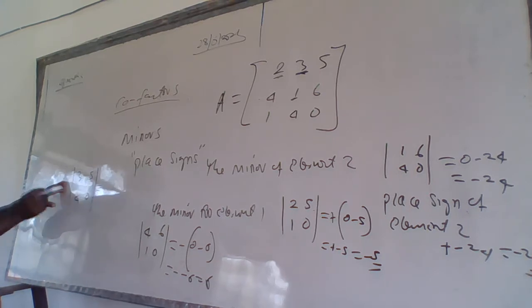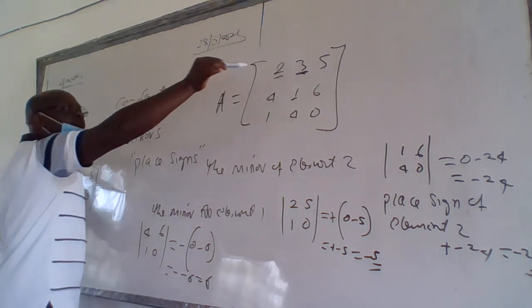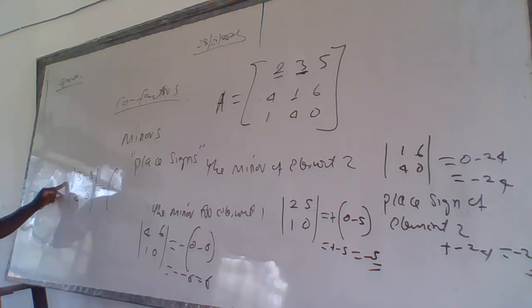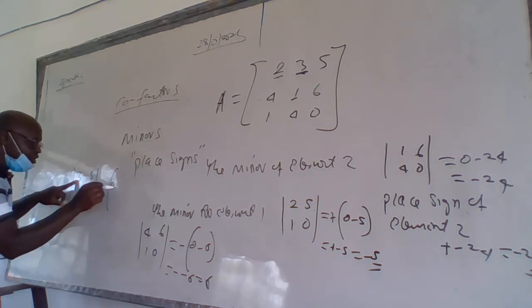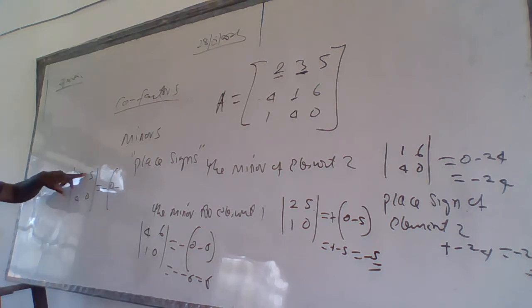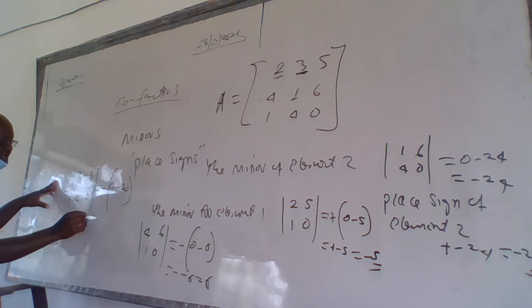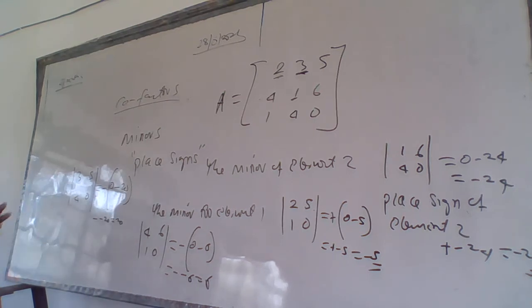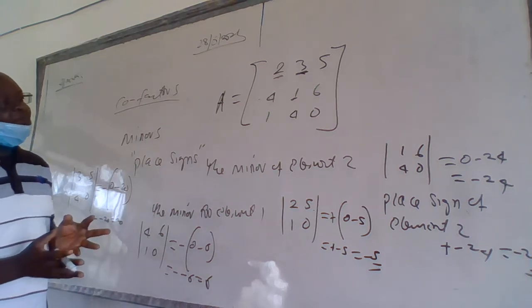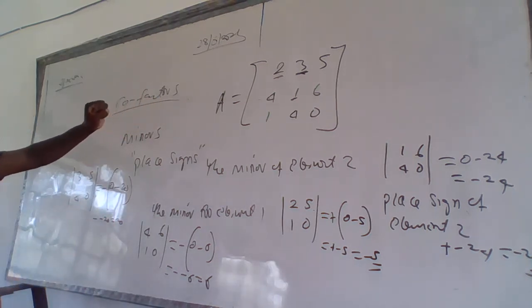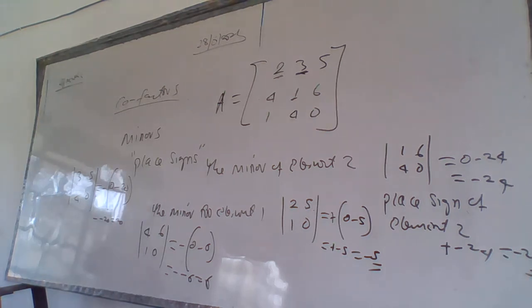What would be the place sign for element 4? Positive, negative. So it will be minus into 3 times 0, which is 0, minus 4 times 5, which is 20. So we have minus 20. That is how we find the cofactors of the given elements.